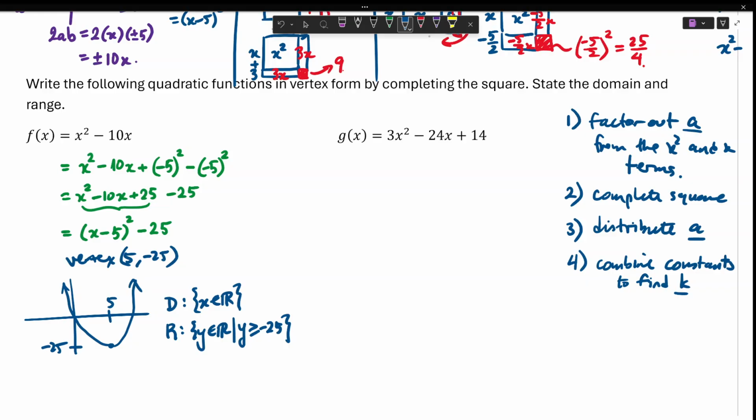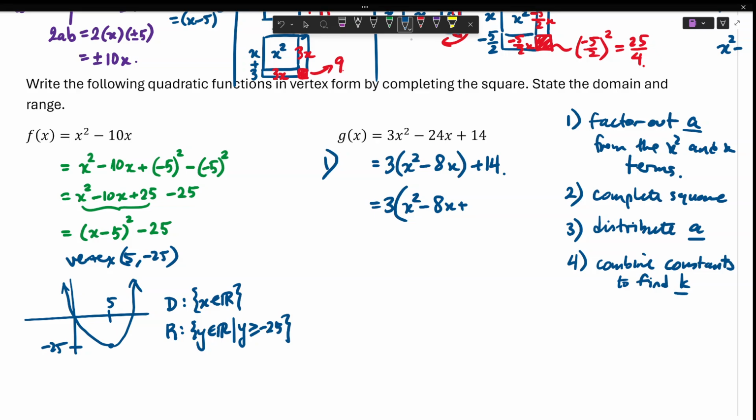So first step, factor out a. Just from the first two terms, we're going to get x squared minus 8x. And you'll notice that inside here is something we can very easily complete the square for by using that trick. So inside this bracket, we're going to add some mystery number to make it a perfect square.